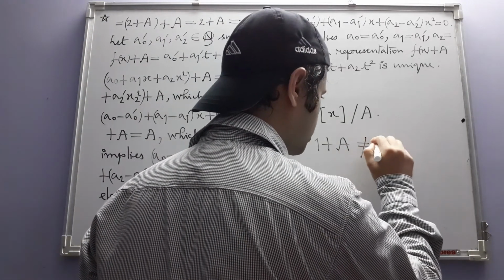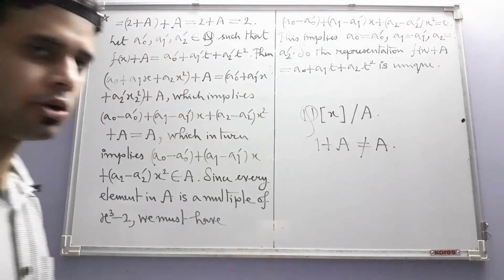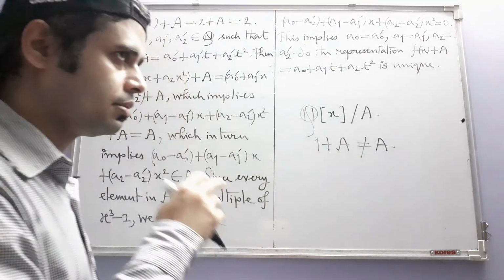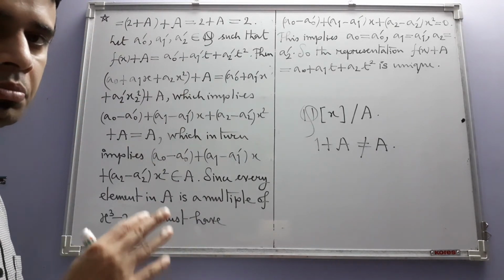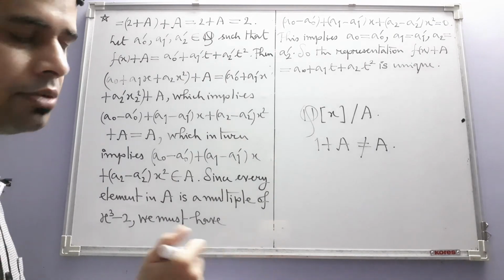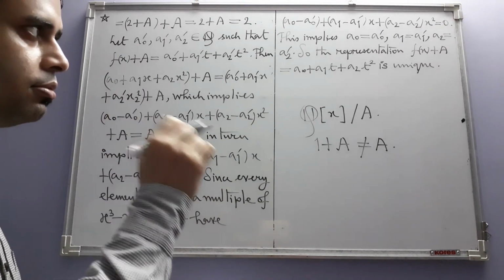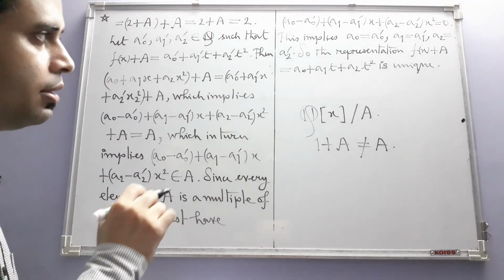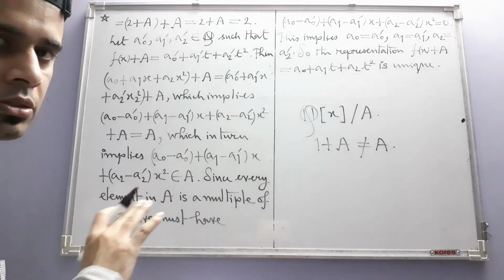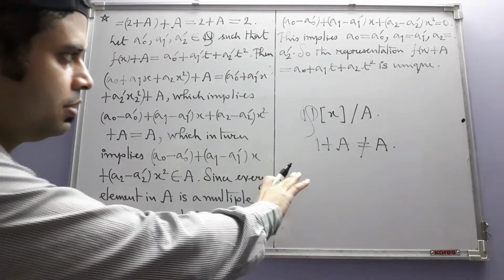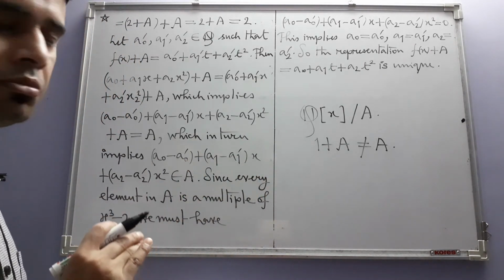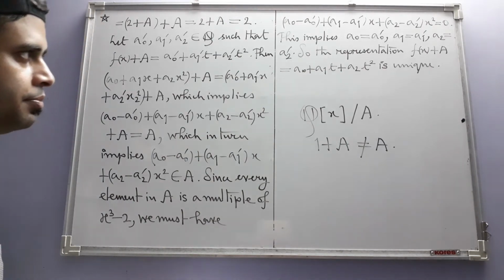This is not equal to A because 1 is not a polynomial in A. So the only thing left to show, to prove that this is a field, is that every non-zero element has a multiplicative inverse. That's what we are going to do in the next part directly, and that will complete this section. After that we will see the exercises.